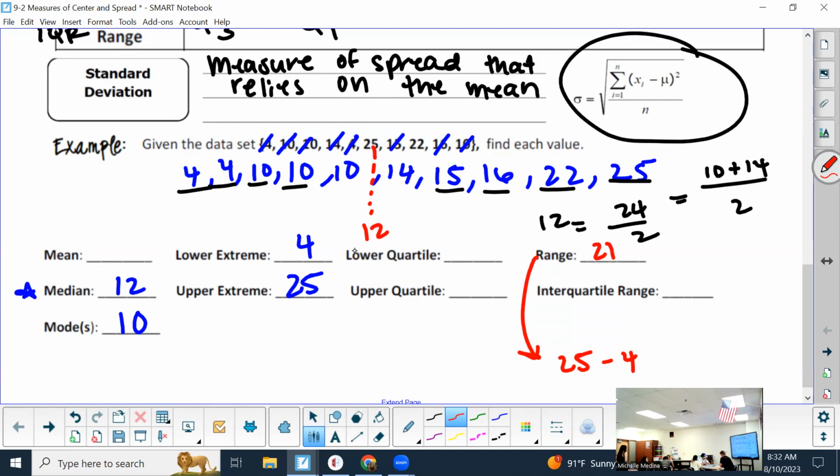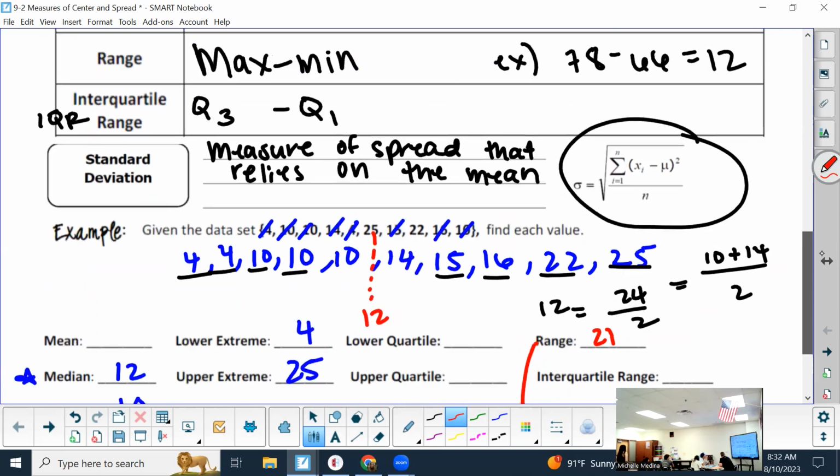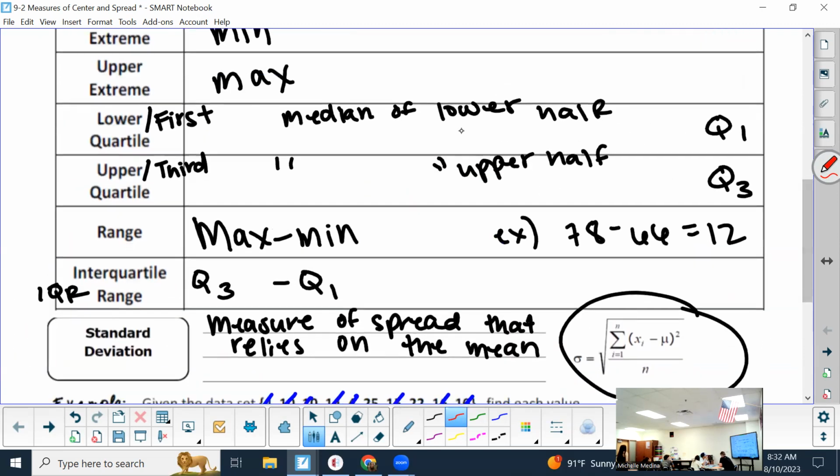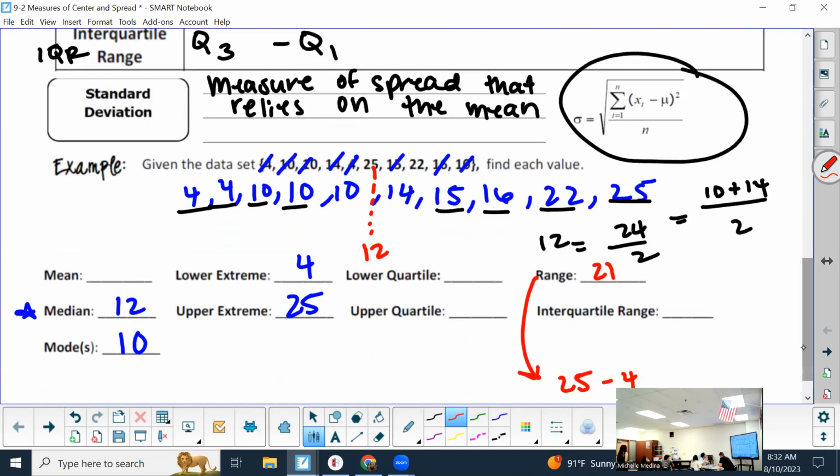The lower quartile. So if we go back to our definition, in case you forget, that's going to be the median of my lower half. So you would have to find the median before you find your lower quartile. And then I always say never cross out the median. So my median was this 12.